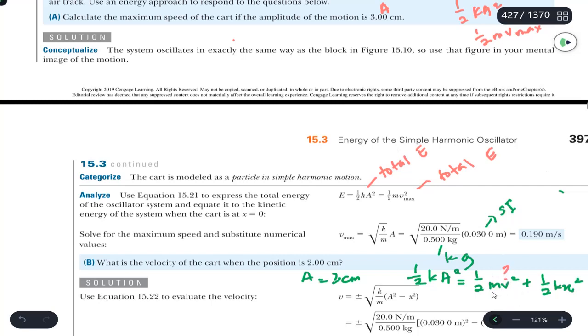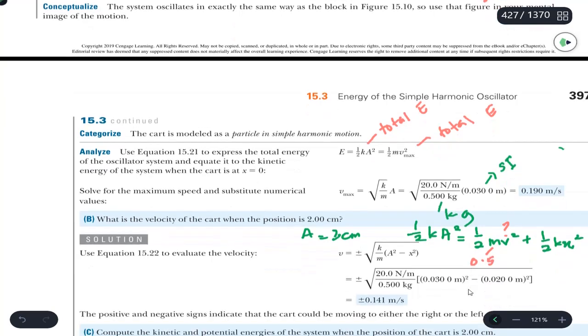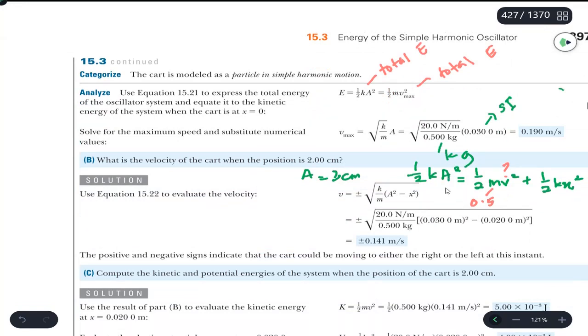In correlation to that, just substitute all the proper numbers. The mass earlier is 0.5. The amplitude earlier is 0.03, squared. k is as given earlier, which is 20, and x is now this 2 centimeter, which should be in the form of, again, meter.